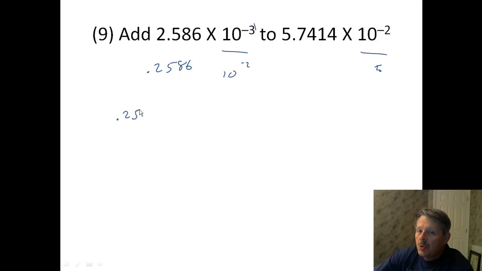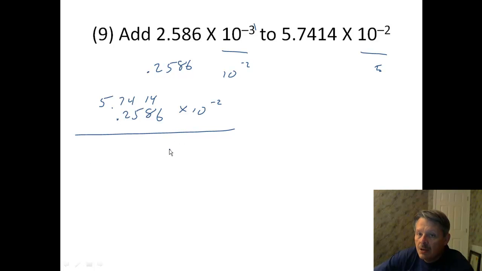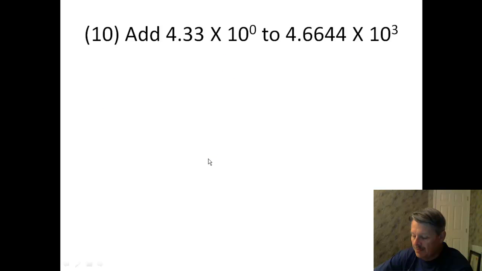So it's 0.2586, and I'm adding that to 5.7414. These are both times 10 to the -2. My answer is going to be, let's see what I'm adding here. That's a 0, carry a 1, that's a 0, carry a 1, that's a 0, carry a 1, that's a 0, carry a 1, that's a 6, times 10 to the -2. And that's my answer for this one.